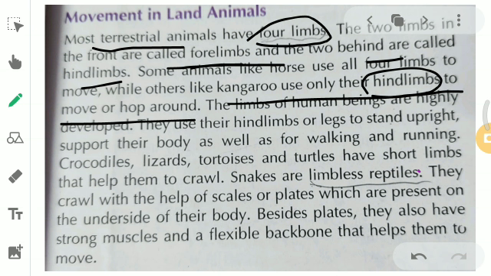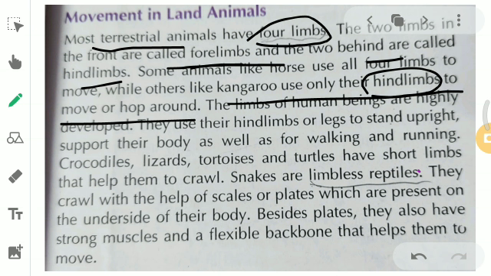Hind limbs. The limbs of human beings are highly developed. Already I said, our limbs are modified as legs. Forelimbs as hands, hind limbs as legs. So these legs help to stand upright and support the body, as well as for walking and running.